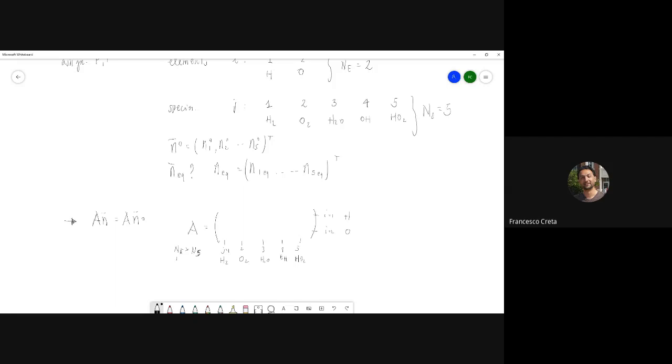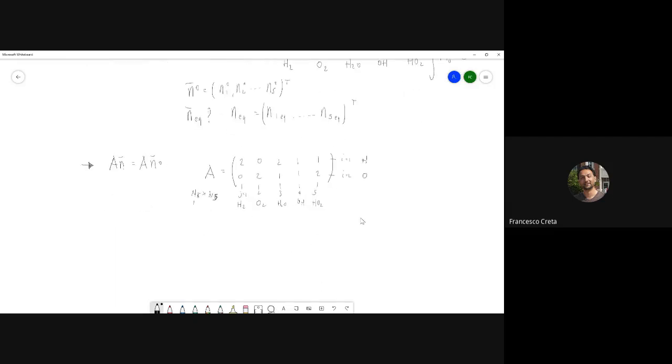So you just have to now count how many hydrogen atoms do I have in all species. Well, pretty straightforward. 2, 0, 2, 1, 1. I'm counting the number of hydrogen atoms in each of those molecules. Now I have to do the same with the oxygen. It's 0, 2, 1, 1, 2.